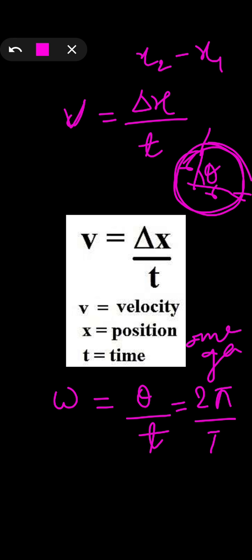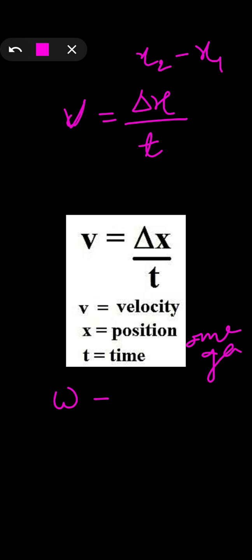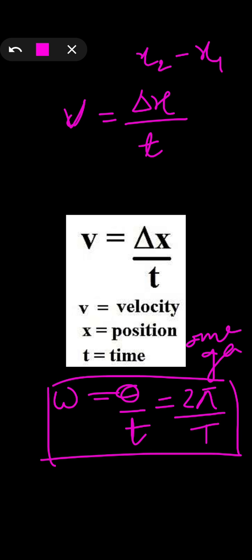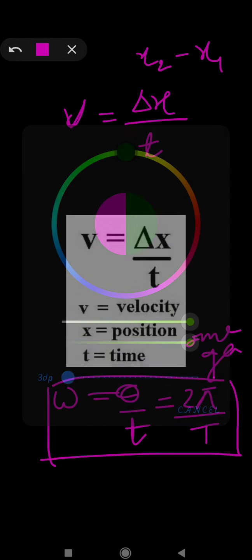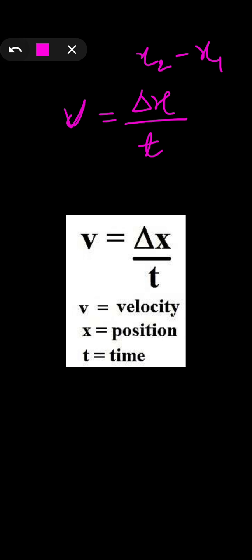Okay, so omega was equal to theta upon t, which is equal to 2 pi upon T. So this was the formula for angular velocity. And after that we have seen the relationship between v and omega, and what that relationship was.